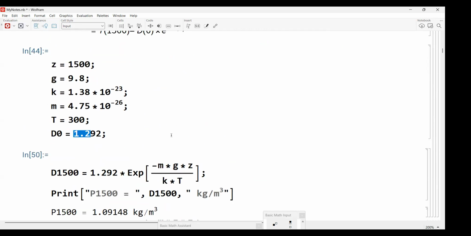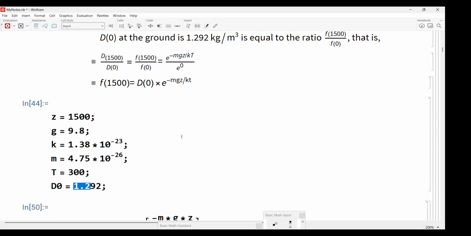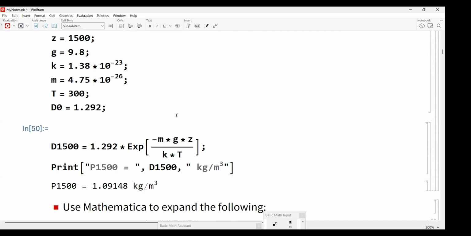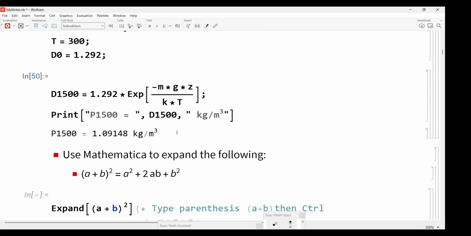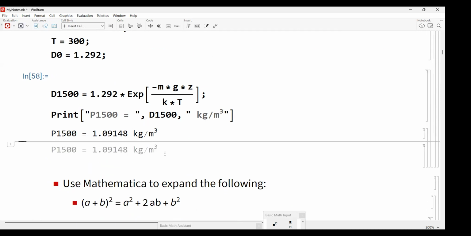So this is what we are solving. Then we substitute the given in this equation or formula. Let us enter now. So the answer is 1.0948 kilogram per meter cube.